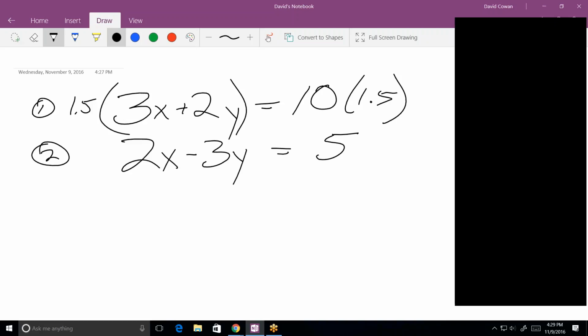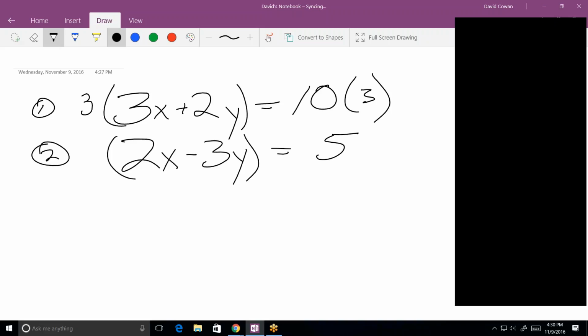Okay? What I don't like about that is that I introduce fractions, because now I got 4.5x and I got 15 over there, but I don't want to introduce fractions at all. So I'm not going to do that. What I am going to do is multiply the top equation by 3 and the bottom equation by 2.